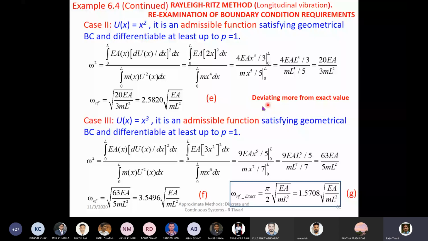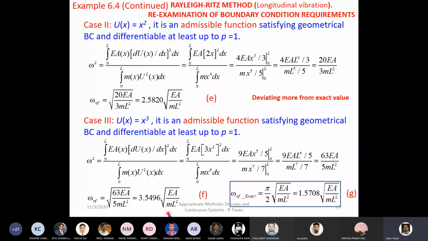So let us take x cube. Because this also satisfies the geometrical boundary condition and is at least differentiable up to p equal to 1, if we substitute x cube here and simplify, we get 3.5496.